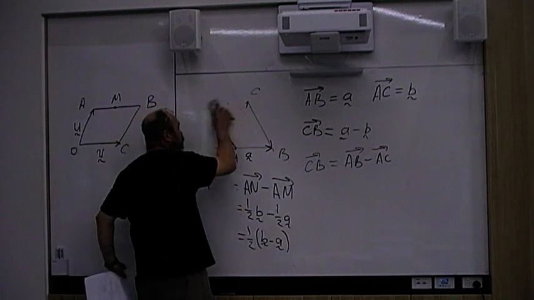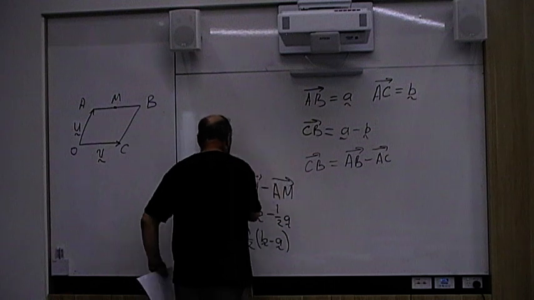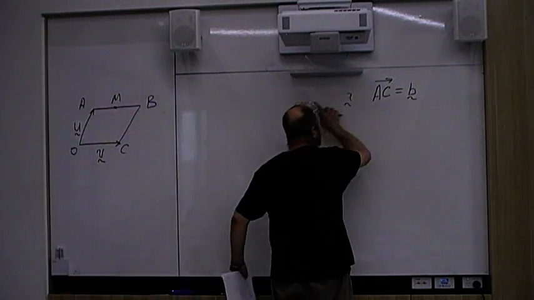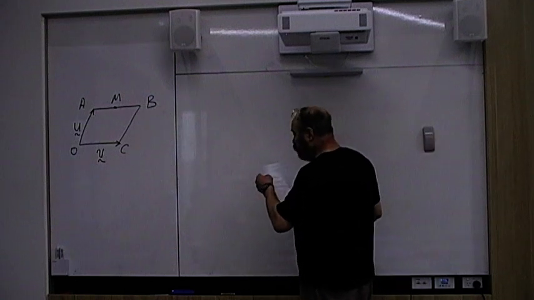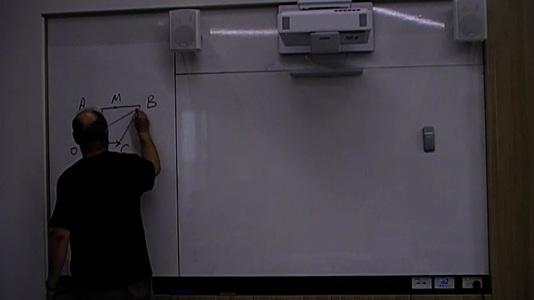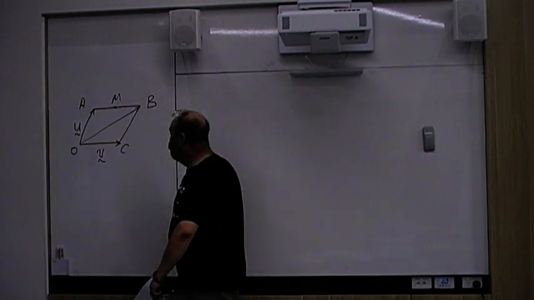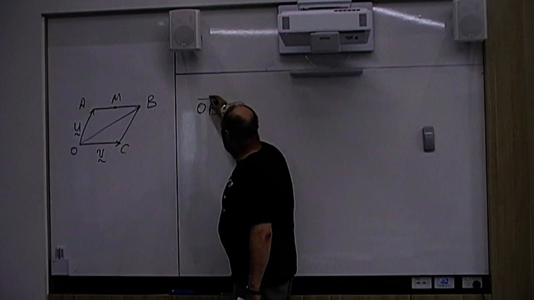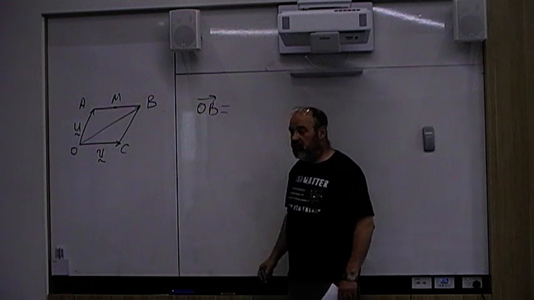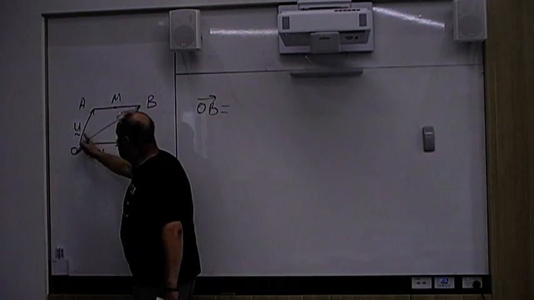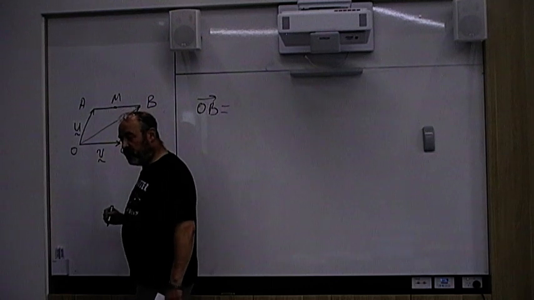And the first question is: express vector OB in terms of U and V. What will OB equal? You should be able to tell it straight away. Vector OB will be vector U plus vector V. Remember the parallelogram rule?